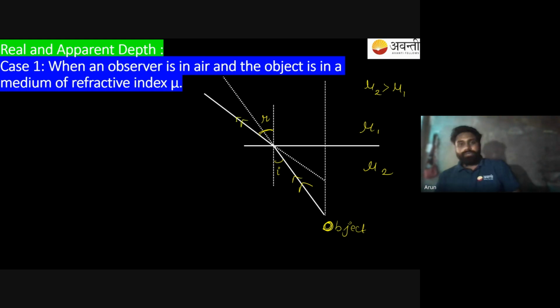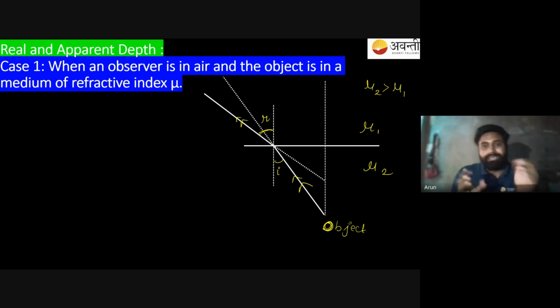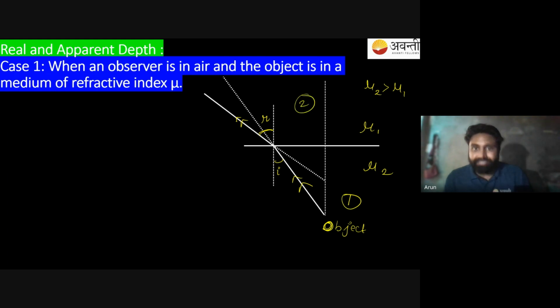So we are going to apply Snell's law in this question. This is mu2 and this is mu1. Always remember in the real and apparent depth cases that you consider first the medium from where the ray is coming. The ray is coming from mu2. So we would firstly consider this, and then secondly we consider this.